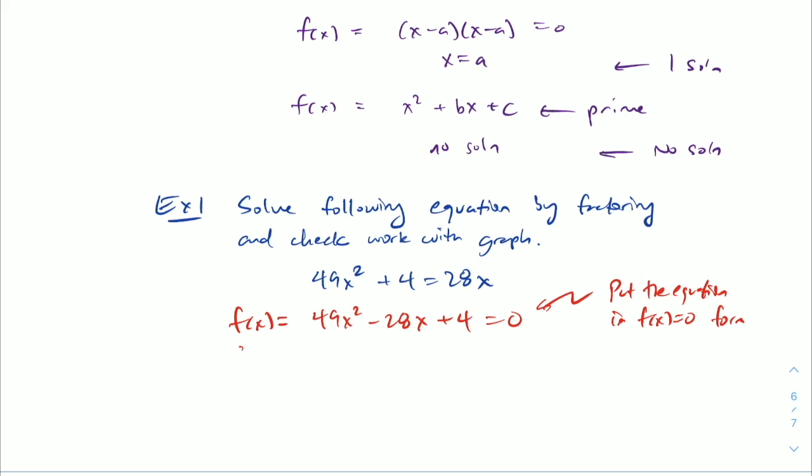And now we can factor this function by guessing and checking here. So we'll have 7x, and then either 4 and 1 or 2 and 2. Let's say 2 and 2. And they should be negative because that middle term, that 28, is negative. Let's check our work over here.